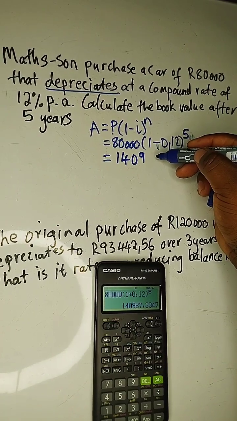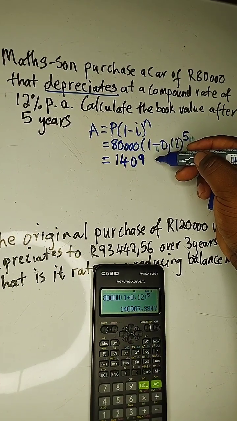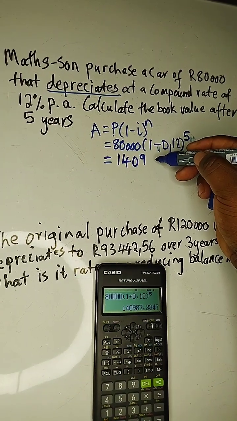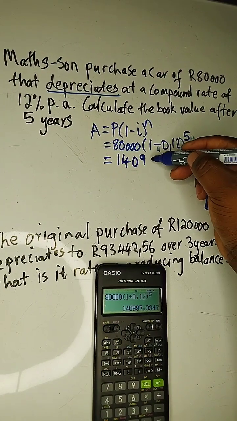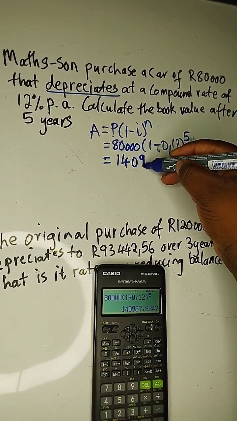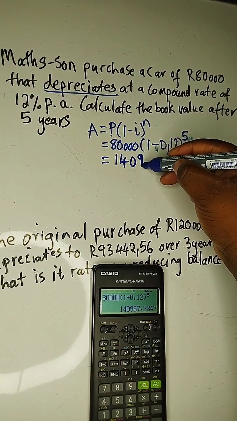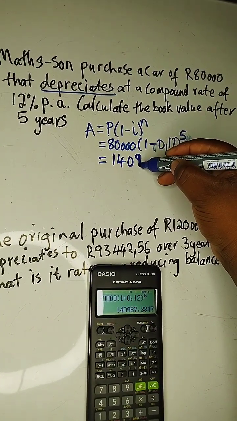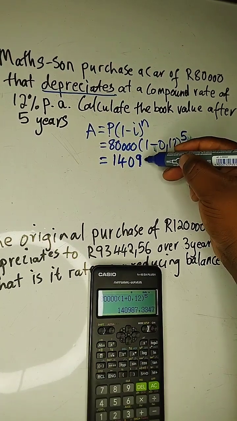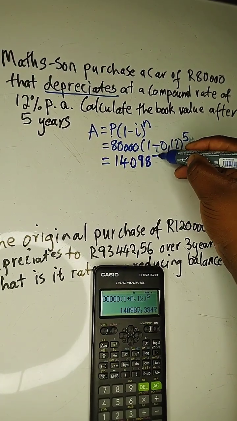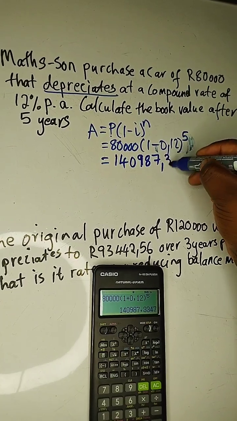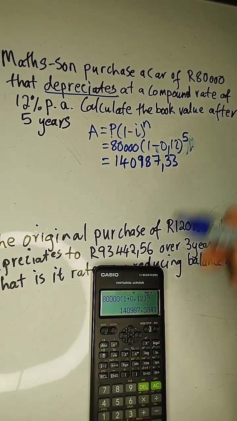Then our value here is 140,000... yes, 14,987.33. Okay, this is wrong.